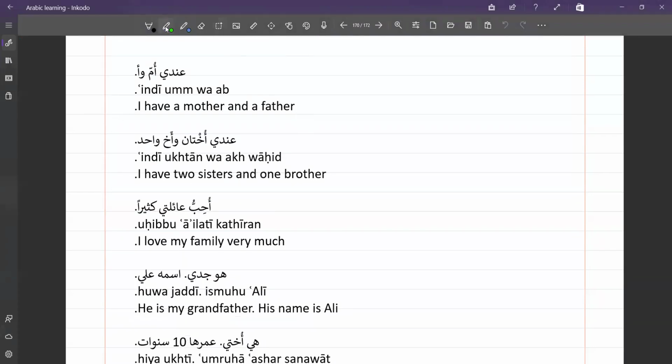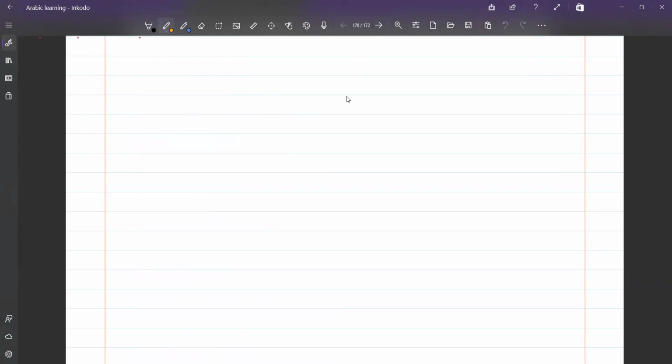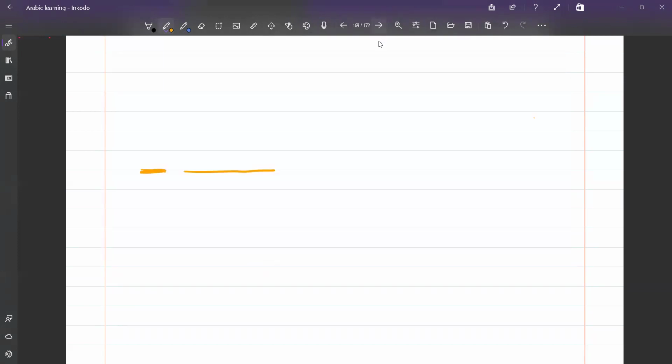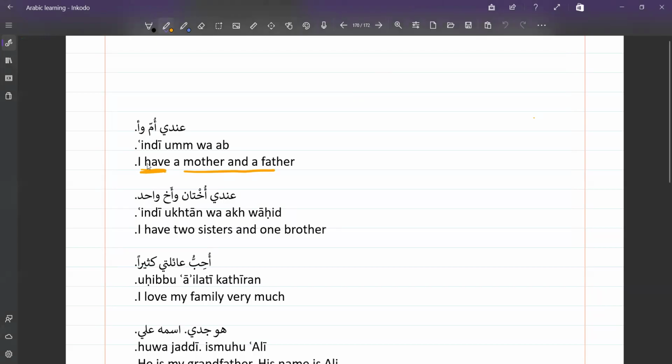So the first sentence: if you want to say I have a mother and a father, you would say indi ummi wa ab.